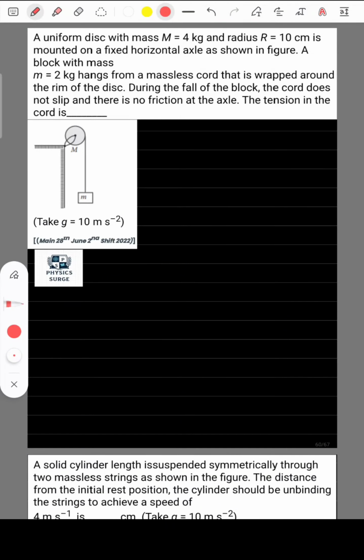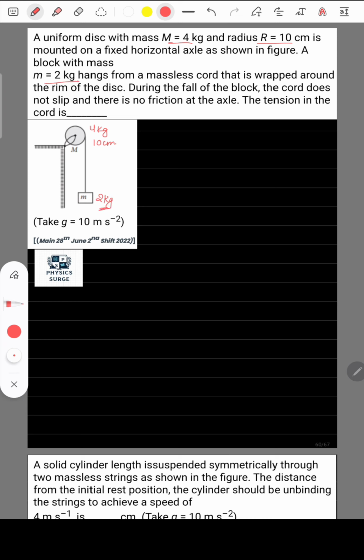In this question, the mass of the pulley and radius are given, 4 kg and 10 centimeter. The mass of this block is also given, 2 kg. What is asked? Tension in the cord is asked. So let this be the tension.